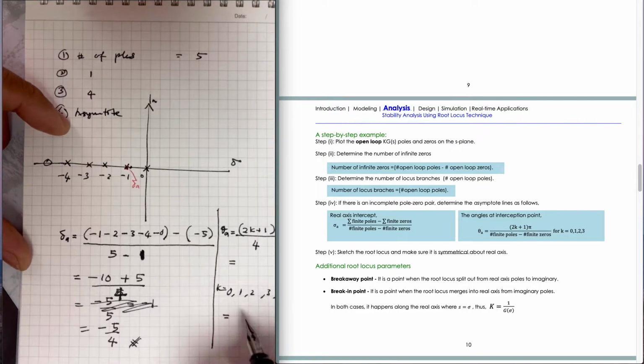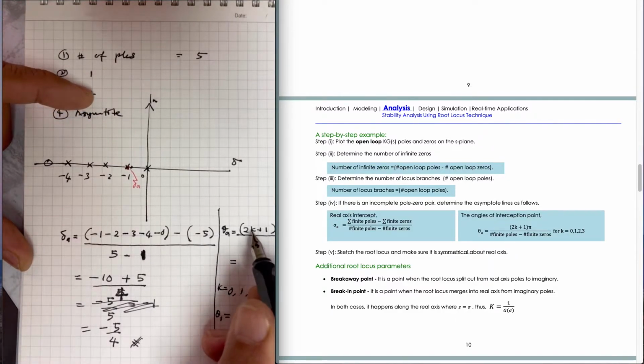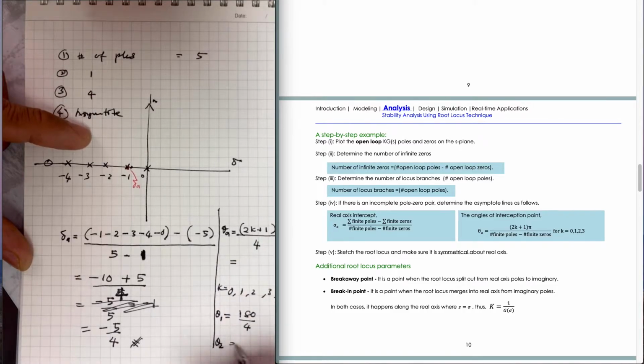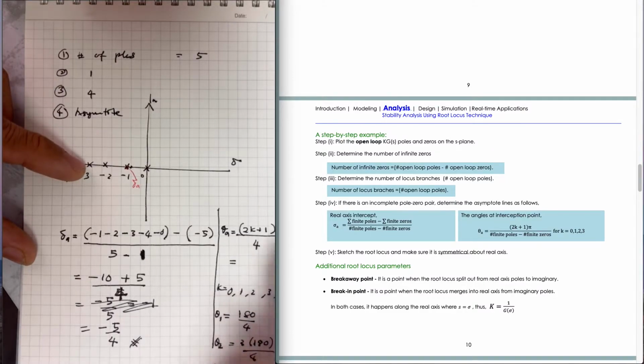So now when we put k equal to 0, the first theta is 180 over 4. The second theta, when k equal to 1, is 3 times 180 divided by 4. When k equal to 2, it's 5 times 180 divided by 4.